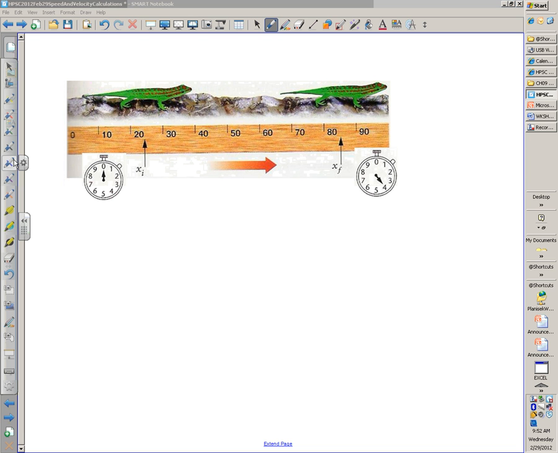Yesterday, we talked about average velocity and we came up with a definition. Nick, you told it to us. How do we calculate the velocity of something? It's change of x, displacement, over time. And that's how we calculate the velocity. Nick, how do we calculate the displacement of something?